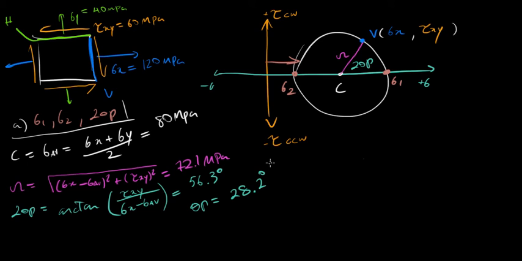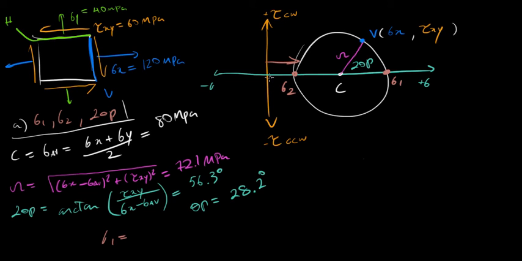Alright, so now we almost have everything. Now we've got to find the principal stress here and the principal stress here. So principal stress 1. How do we find that?